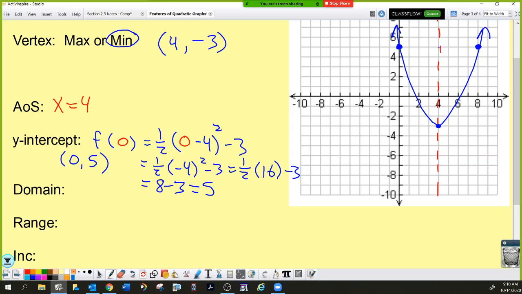Notice this time, I did not ask you for the x-intercepts. Why? Because this is not intercept form. They're more difficult to find. In fact, they're not pretty. They're not whole numbers. They're ugly, scary decimals. Don't worry about it. Let's do domain, range, increasing, and decreasing now.